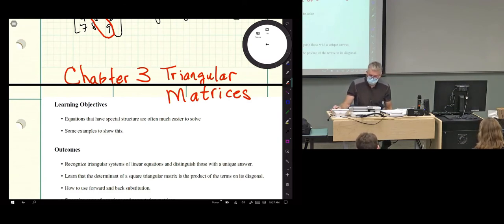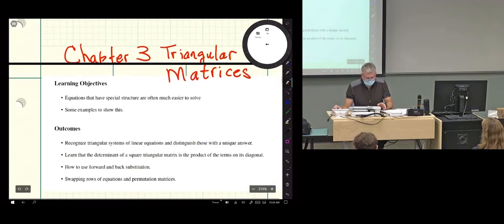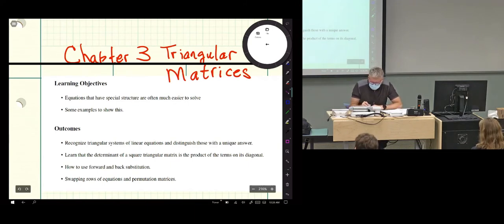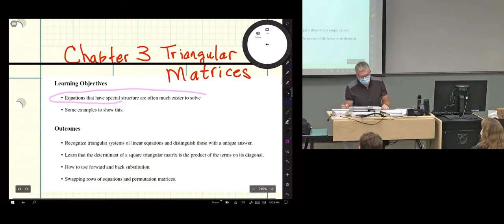Okay, so practicing engineers and practicing applied mathematicians or physicists, you will not be solving 3 by 3 systems of equations, okay? It'll be more like 500 by 500 or something like that. It's going to be big. And we're going to find out that when equations have special structure, they become really easy to solve.